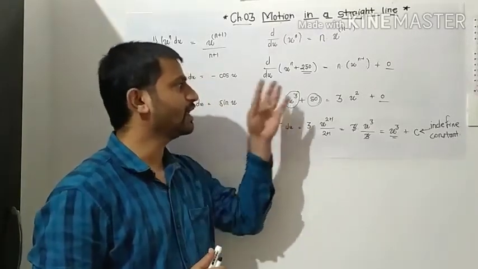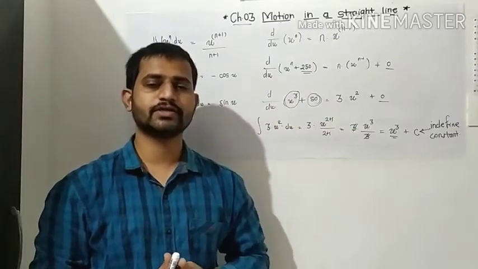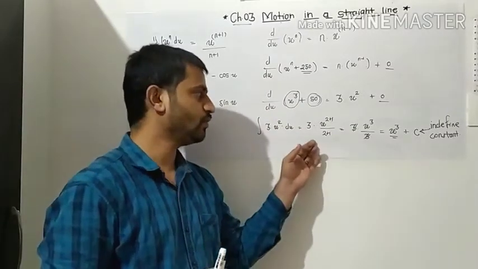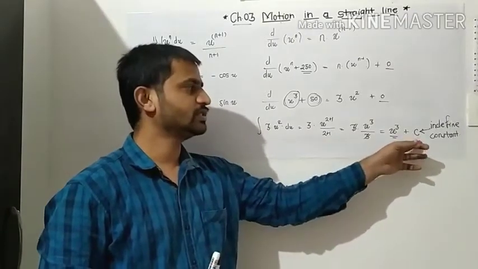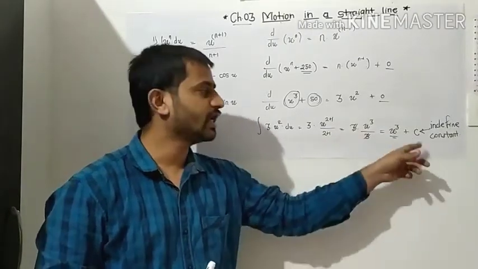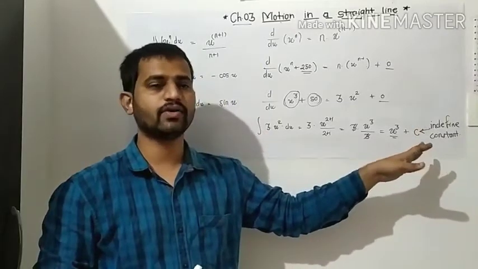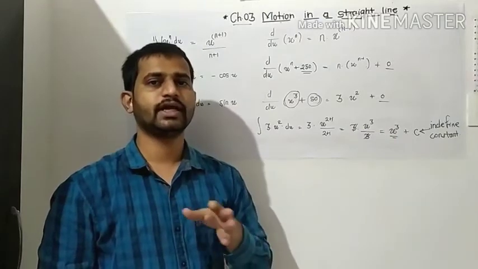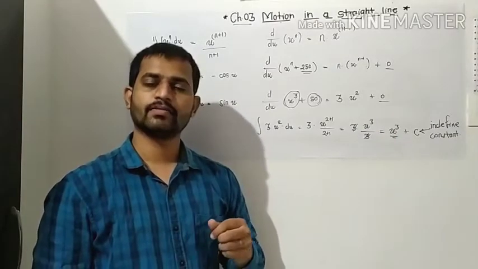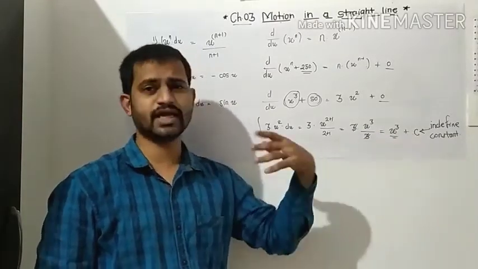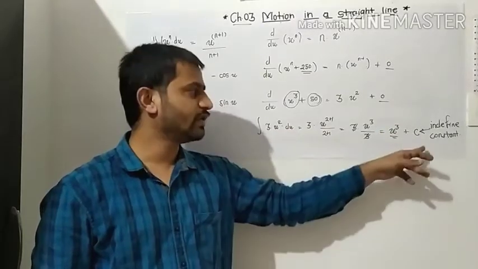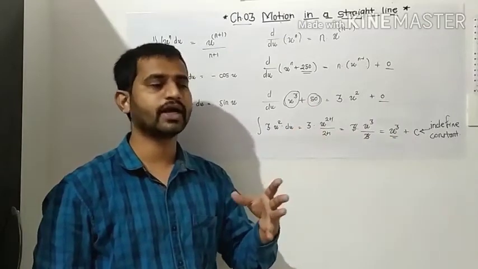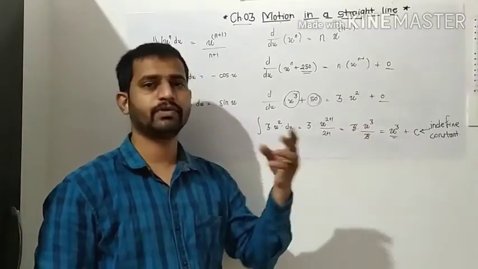Whenever we consider the integration, we take plus c or plus k, any constant term, and that type of integration is known as the indefinite integration. Because this value can be any variable. Here we know this c is 50, but we don't know that it will be 50.